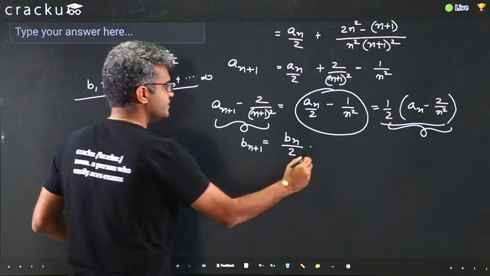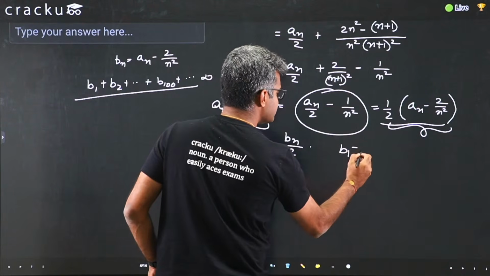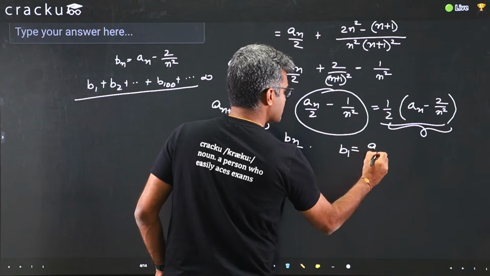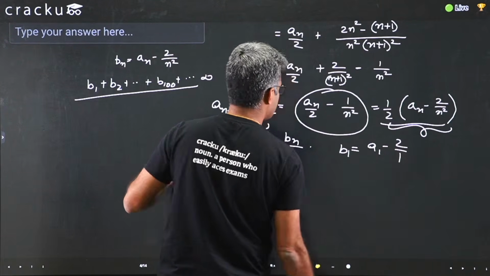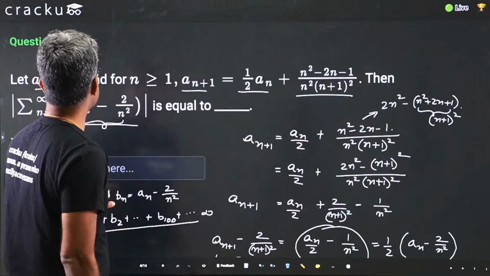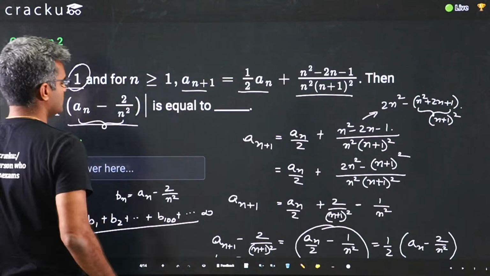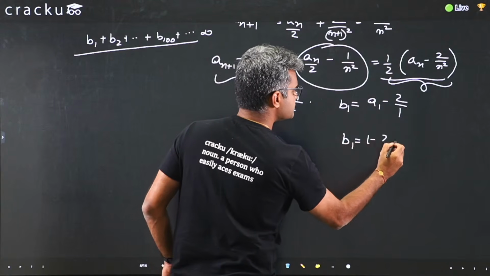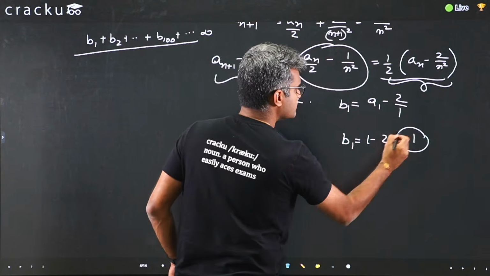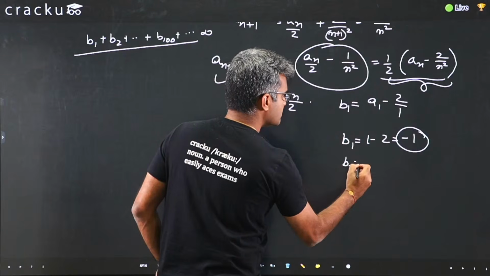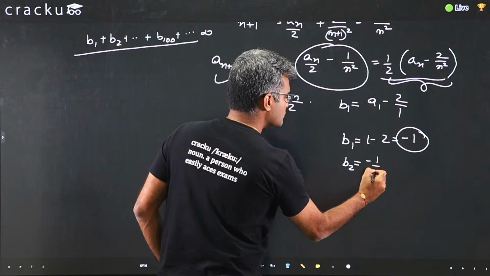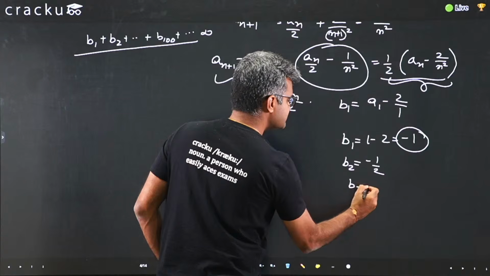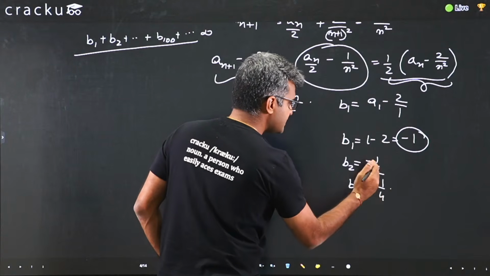What is the value of b1? b1 is a1 − 2/1. And the value of a1 is given to us, a1 is equal to 1. So b1 is equal to 1 − 2, which is equal to −1. So b2 will be equal to −1/2. b3 is equal to −1/4, and so on.